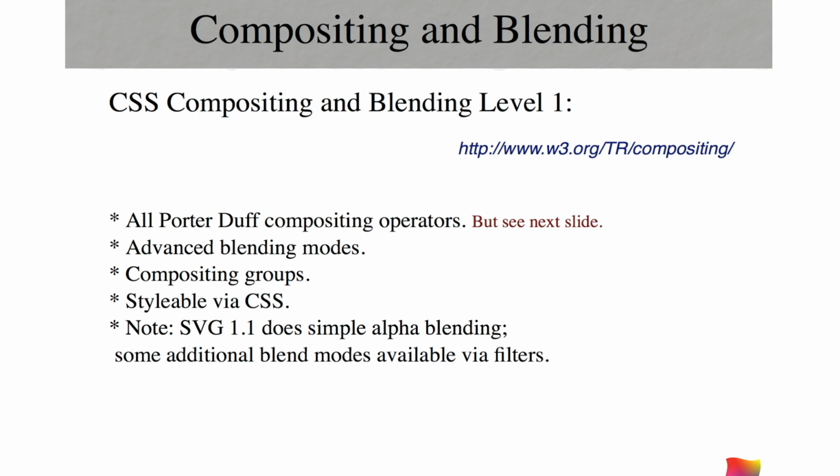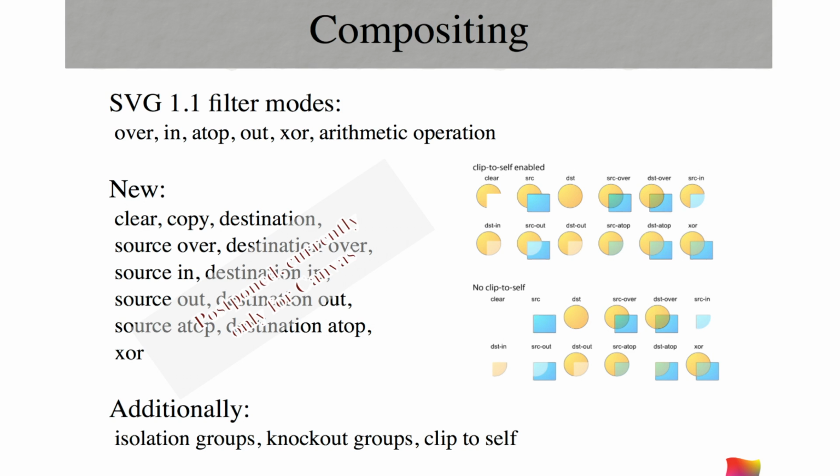There are a few modes that you can do by filters, but that's kind of cumbersome. Okay, just compositing. It was originally in the spec to apply to SVG, but it's been postponed because I guess some of the browsers have implementation issues.